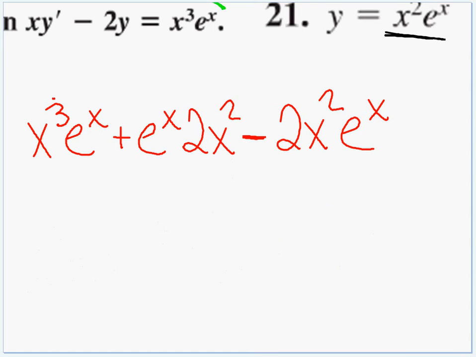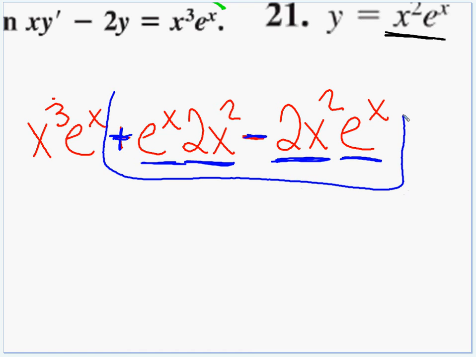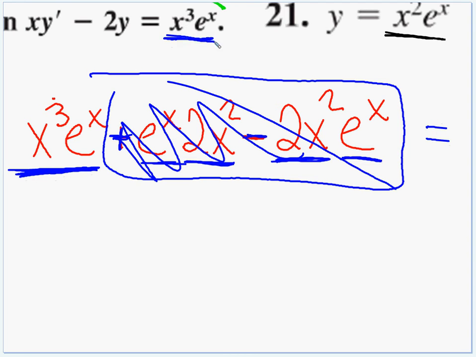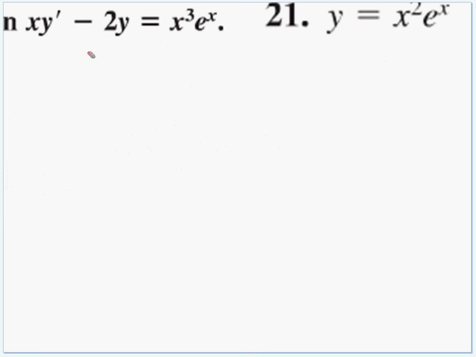We've got a 2x squared e to the x, and it's negative. And here's a 2x squared e to the x, and it's positive. So these two terms are going to cancel each other out. So these cancel out, and we're left with x cubed times e to the x. Remember, I didn't have enough room on the other side of the equals. Here it is, x cubed e to the x. So those do match up. This is a solution to our original differential equation.